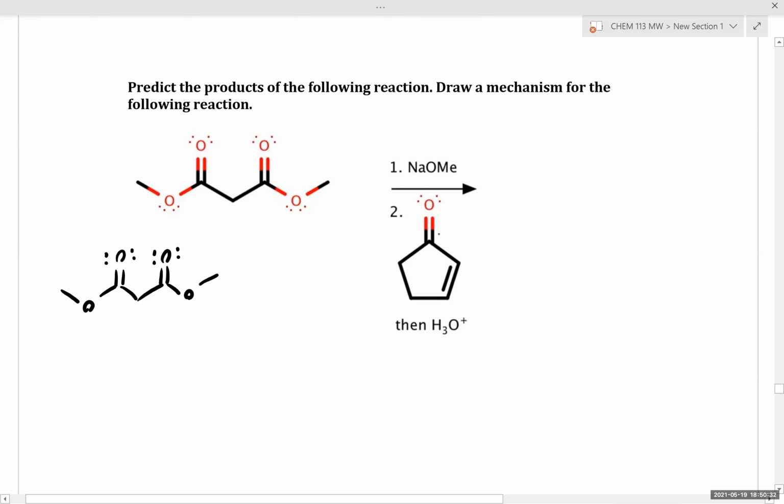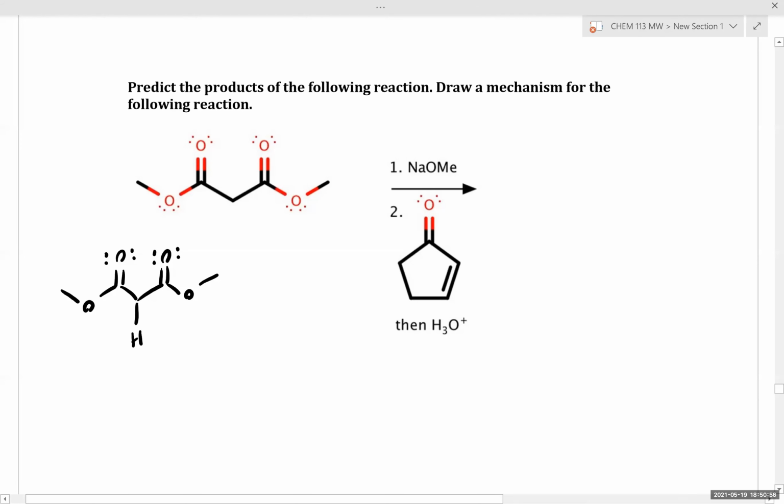So even any 1,2 addition that we do observe, it's not as productive as 1,4 addition. The only main case where you see favorable 1,2 addition is when you have hard carbon-centered nucleophiles that can't be kicked out as a leaving group.